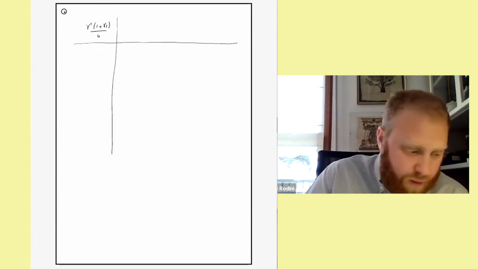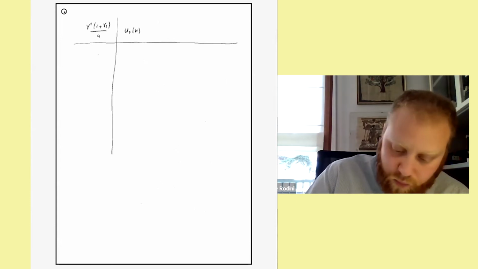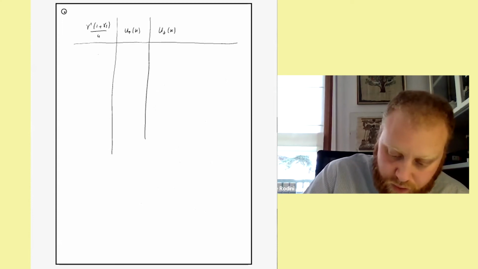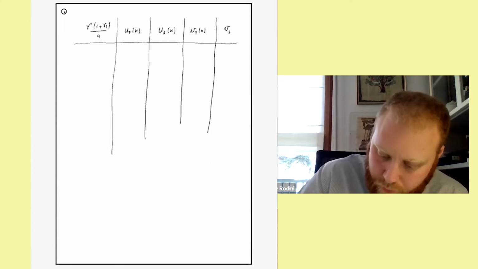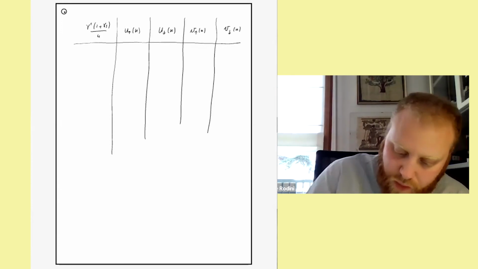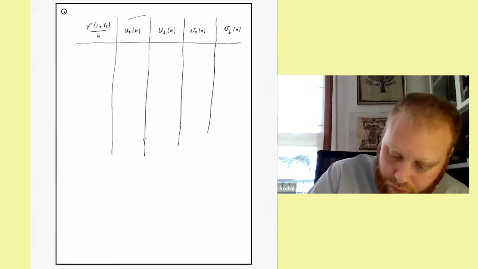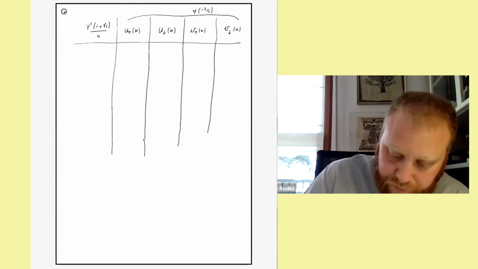So you need a table in which I think you can read the meaning quite easily. So U up, U down of k, V up of k, V down of k, right? And this is the Dirac structures associated with psi of minus z over 2.